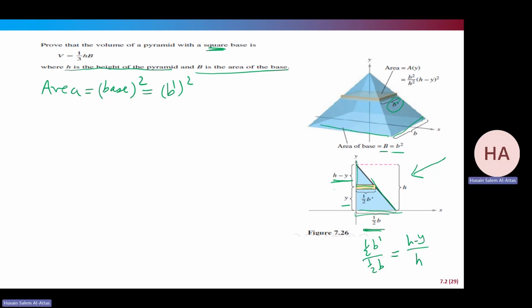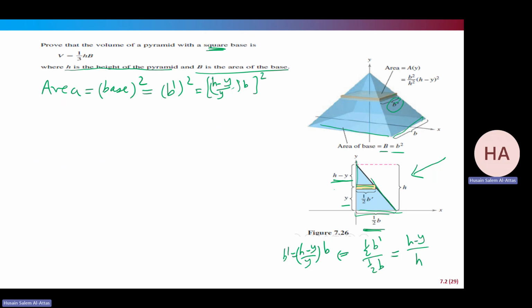So b prime will be h minus y over h times b. So plug it here. That will be h minus y over h, times b squared.